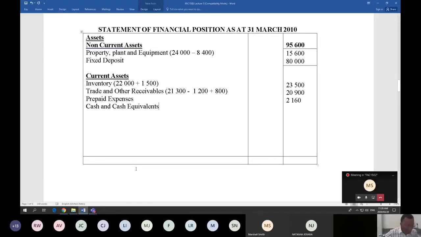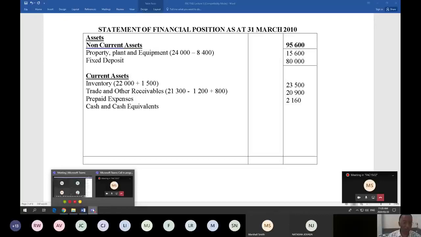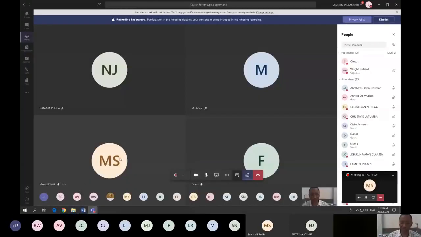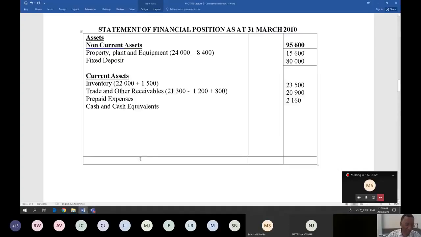The last category here, guys, will be your cash and cash equivalents. And remember now, when we talk about cash and cash equivalents, it would be the bank plus the petty cash plus the cash float. That makes up cash and cash equivalents. In this exercise, we have only got a bank and we have got petty cash.